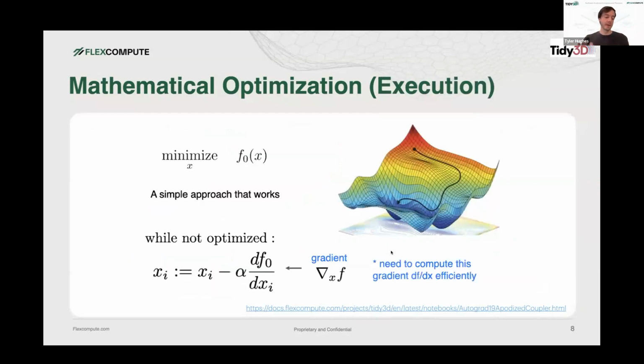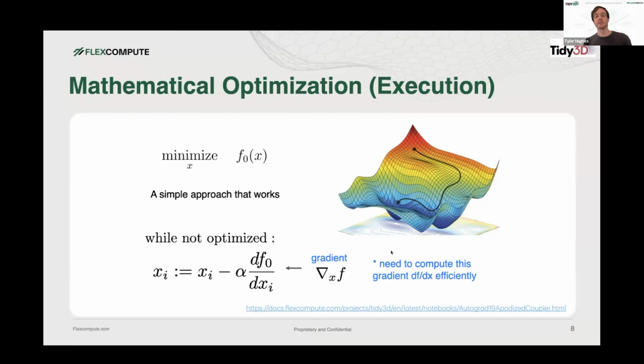Now, once you've set up the optimization problem, you then need to solve for the optimal set of design parameters. There are many ways to do this, but one approach that's simple and works is to use something called gradient descent. The idea here is you can imagine your f of x as a search landscape where you're trying to find, in this case, the minimum value of f of x.